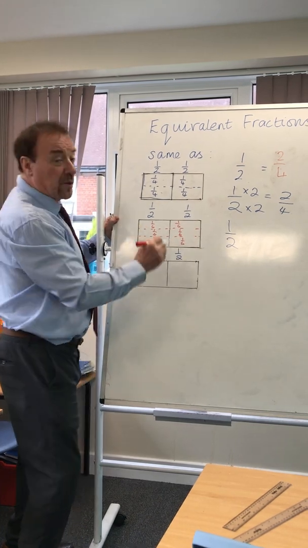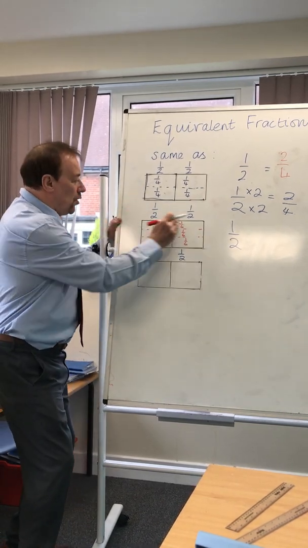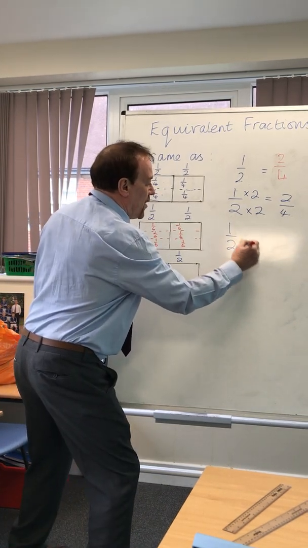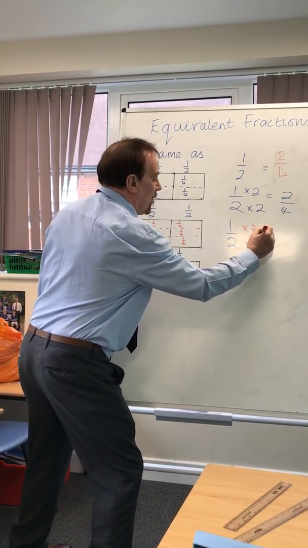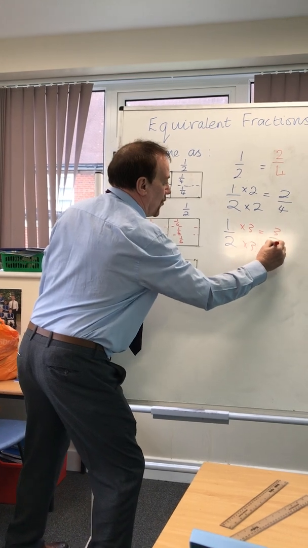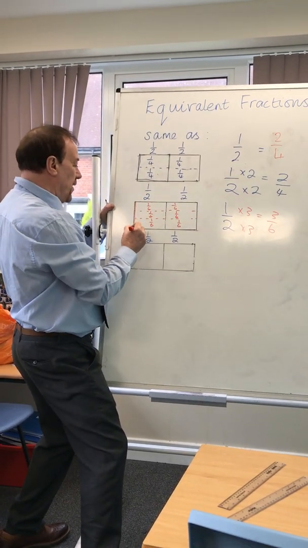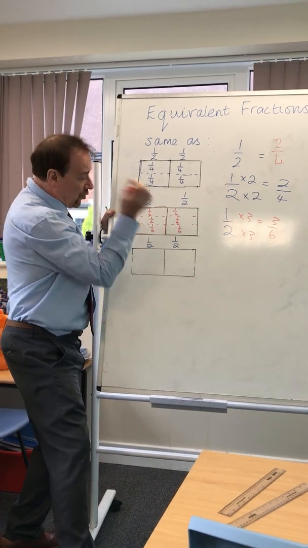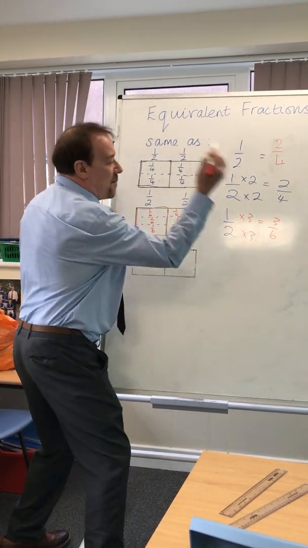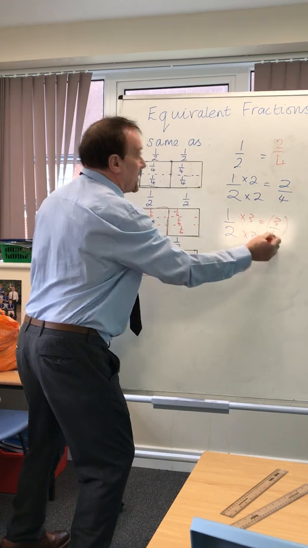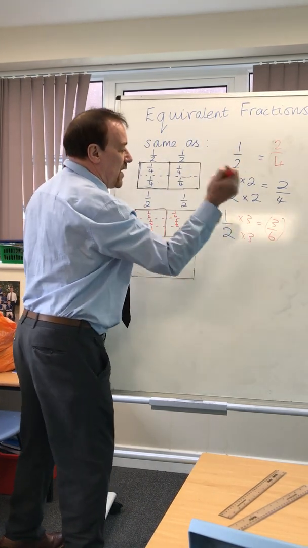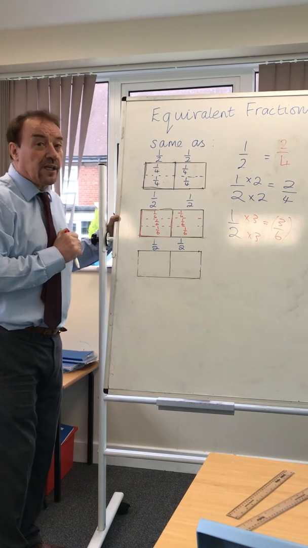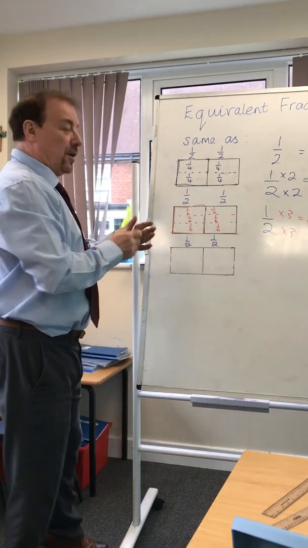So a half, I've split it into 1, 2, 3 ways. So I multiply it by 3, multiply it by 3, and that is worth 3/6. That half here, just this half, not both the halves, just this half here, is the same as 3/6, equivalent to 3/6.